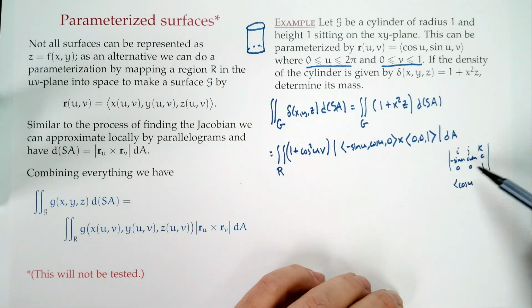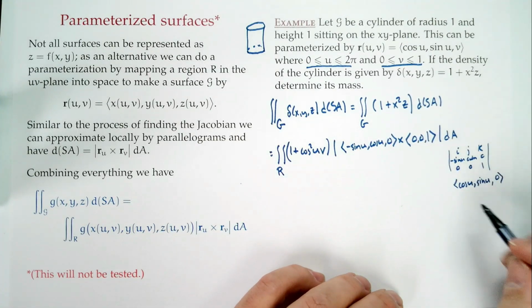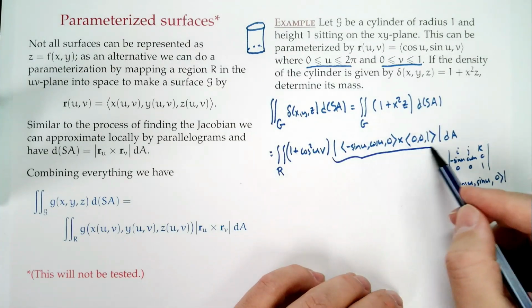A j times a 0 times a 0. A k times a minus sine u times a 0. A 0 times a cosine u times a k, that's a 0. 0 times 0 times i. And 1 times minus sine u in j, which is sine u, and there was nothing in the k. So that's the cross product, and the magnitude of this would be the square root of cosine squared plus sine squared, which means that this is 1.